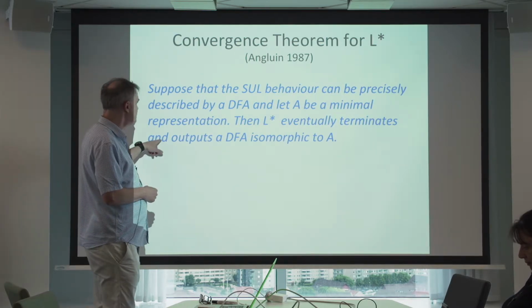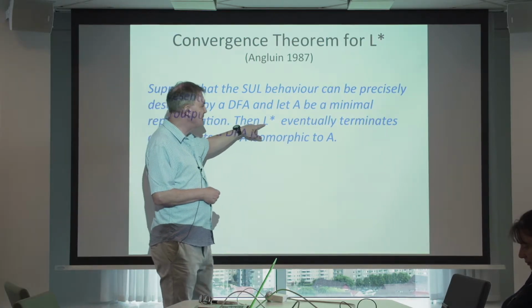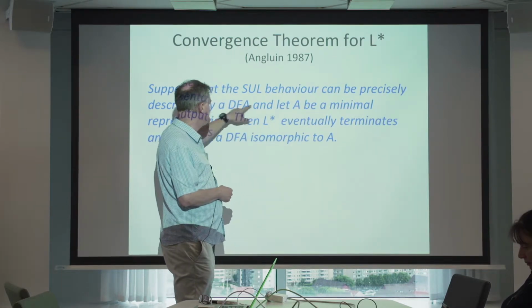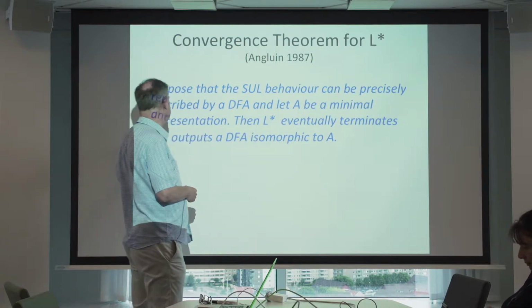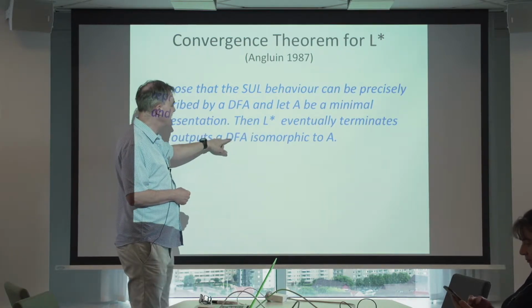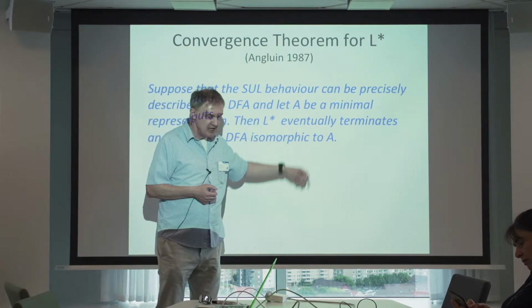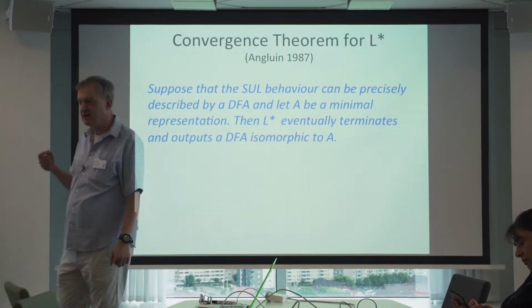Then L star eventually terminates. In fact, L star would terminate even if it was non-minimal. But if A is the minimal representation, then L star terminates. It gives you a DFA structurally, that is to say graph theoretically isomorphic to A.